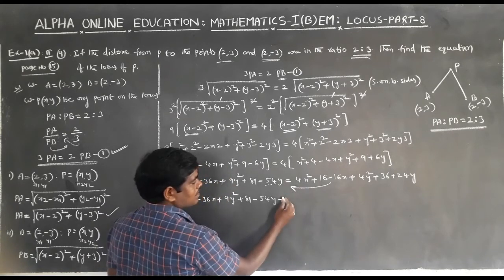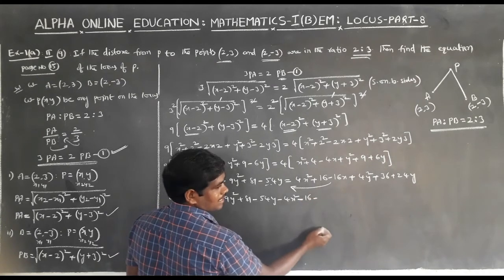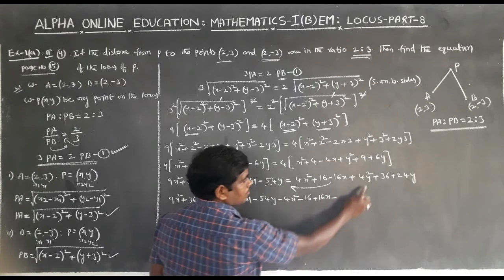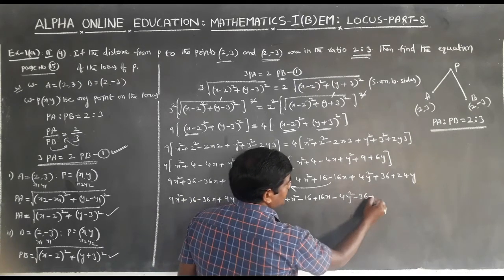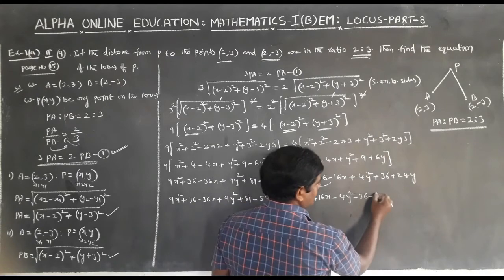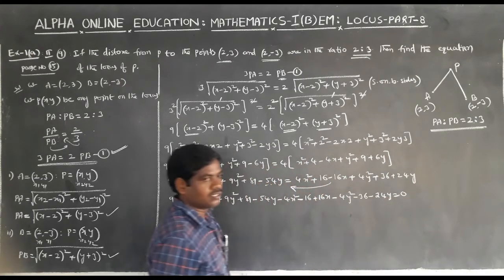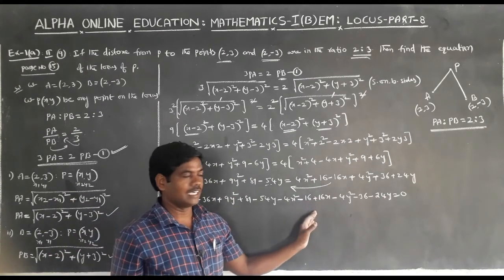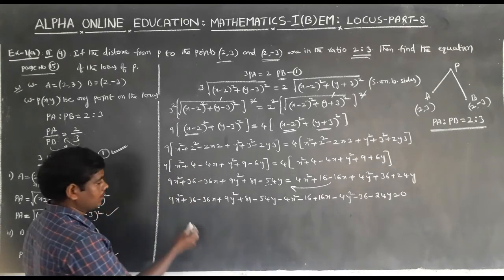Taking 4x² to the left side: −4x² − 16 + 16x − 4y² − 36 − 24y... the signs change, positive, negative, negative, positive, right order, equal to 0.